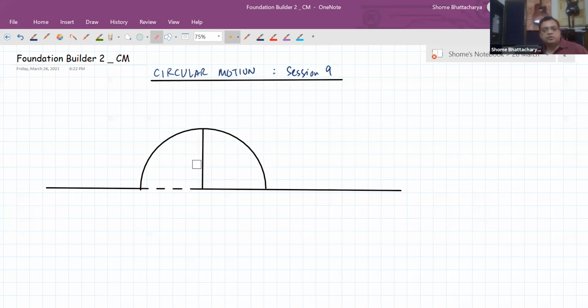We have a smooth hemispherical surface like this, with a radius of 20 meters.